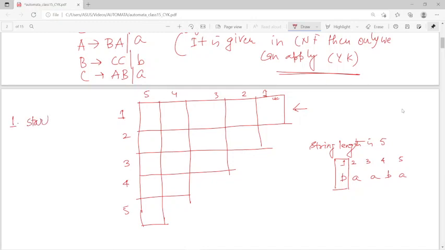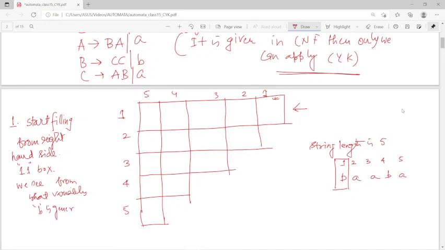That means we start filling from the right hand side, from the 1 1 box, and we see from what variables B is generated.